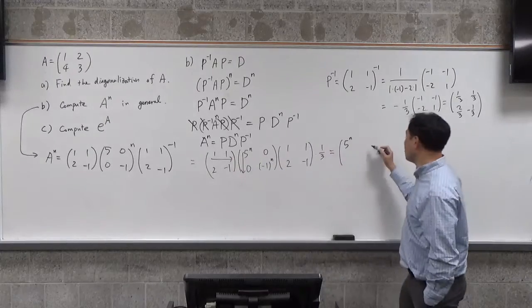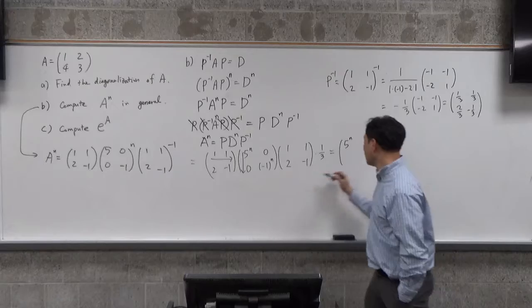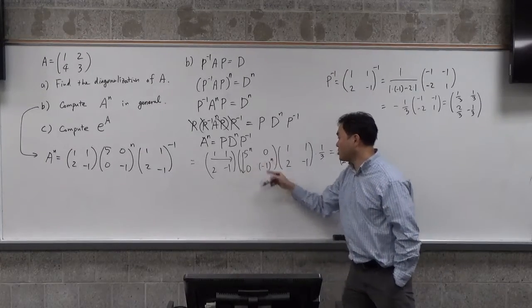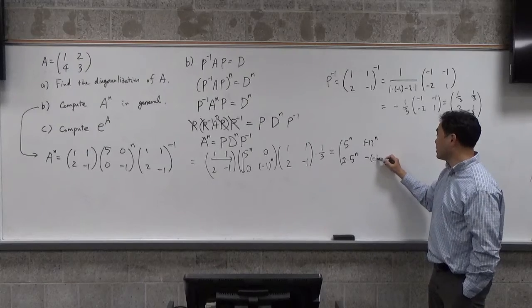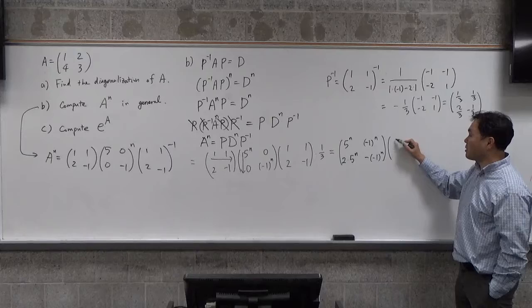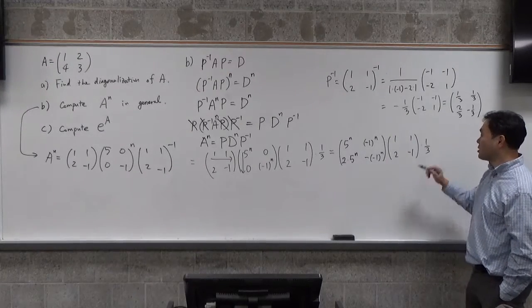This times this gives you negative 1 to the nth. This times this gives you 2 times 5 to the nth. This times this gives you negative 1 to the nth. You still need to multiply by 1, 1, 2, negative 1. And then later you have to divide by 3.